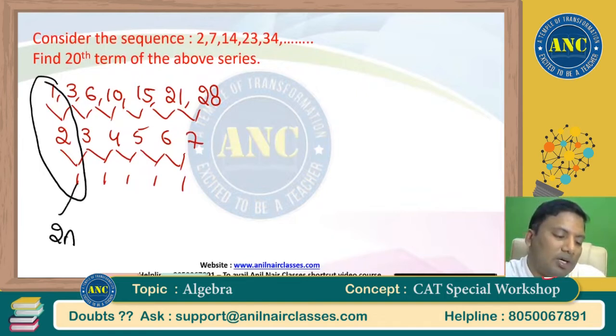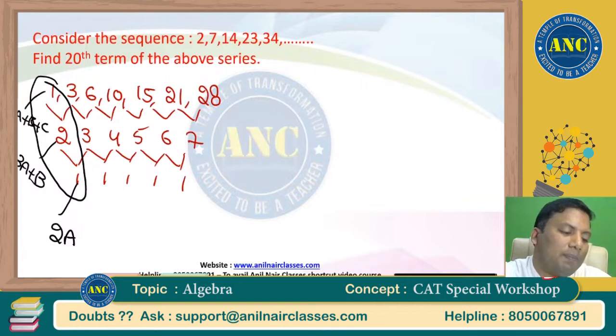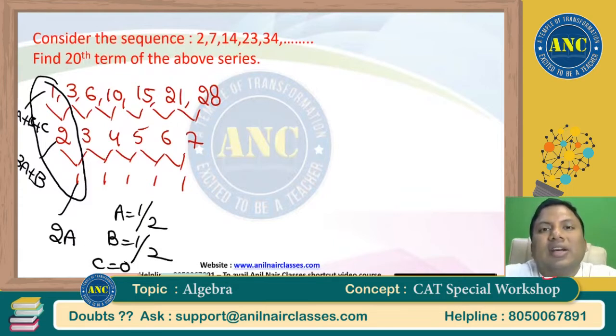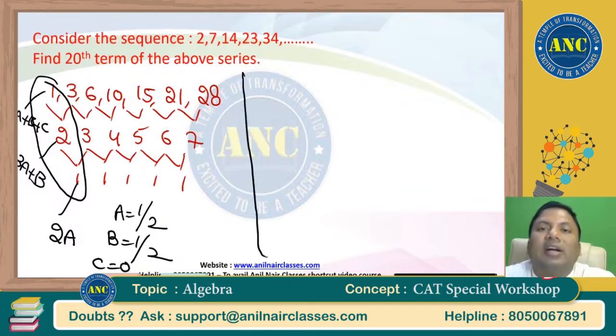These are nothing but 2a. These are nothing but 3a plus b. Please go back and see the proof. You will understand why 1 is a plus b plus c, why 3a plus b. So 2a is 1, so the a value is 1 by 2. The b value is 1 by 2. The c value is 0. So Tn is half n square plus half n. I hope the idea is clear.